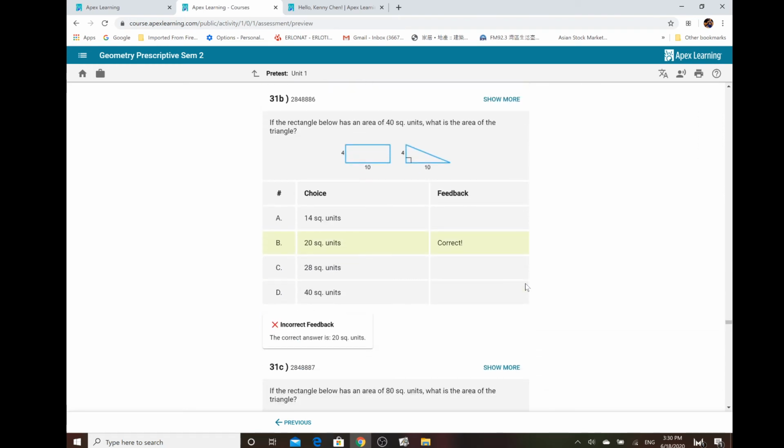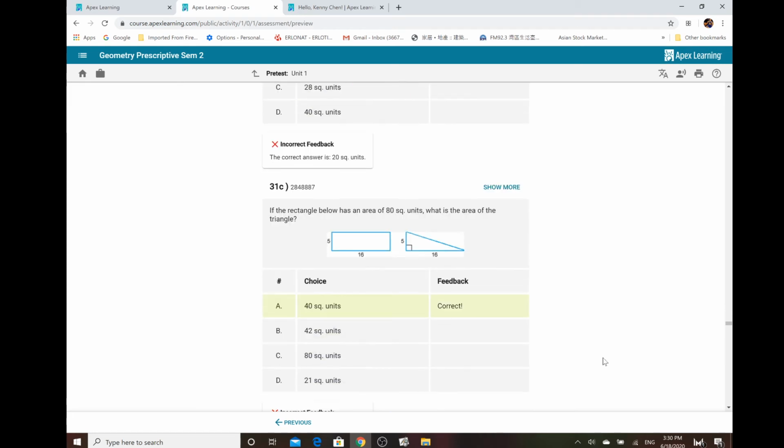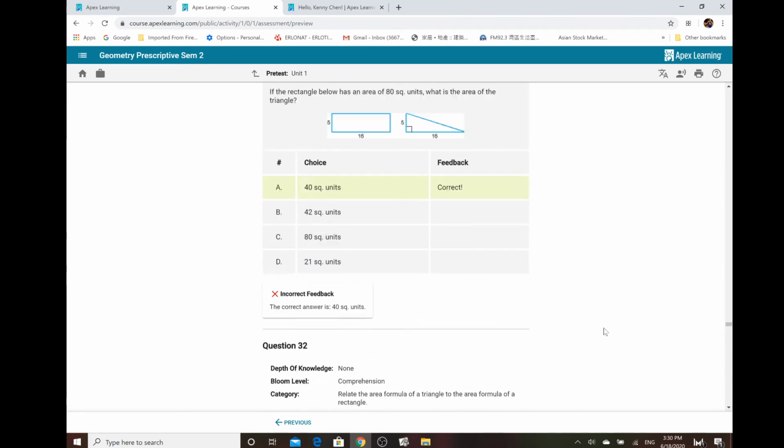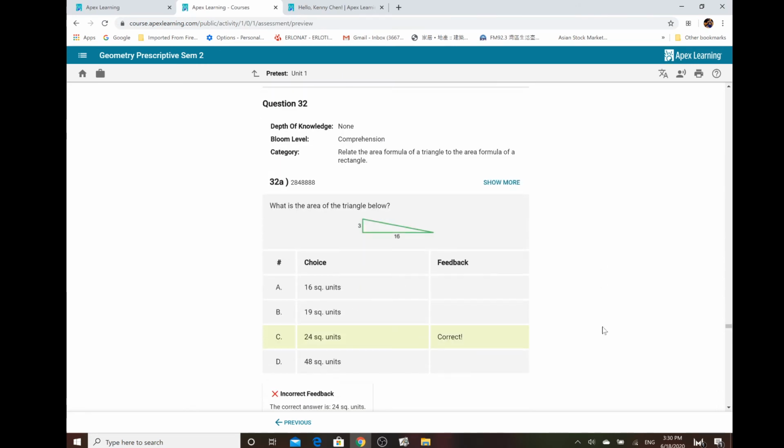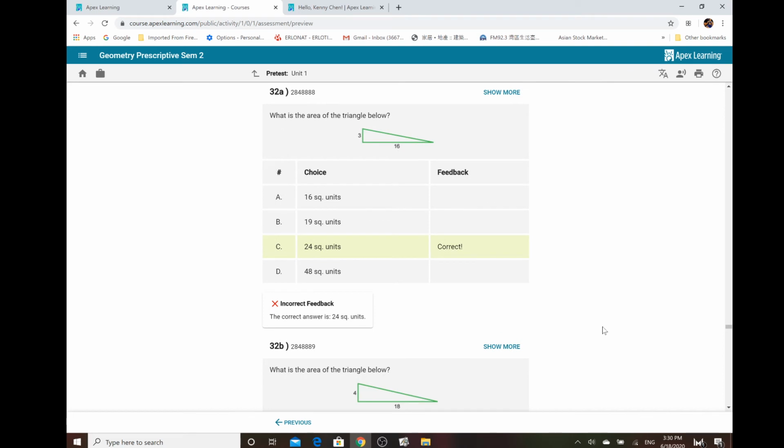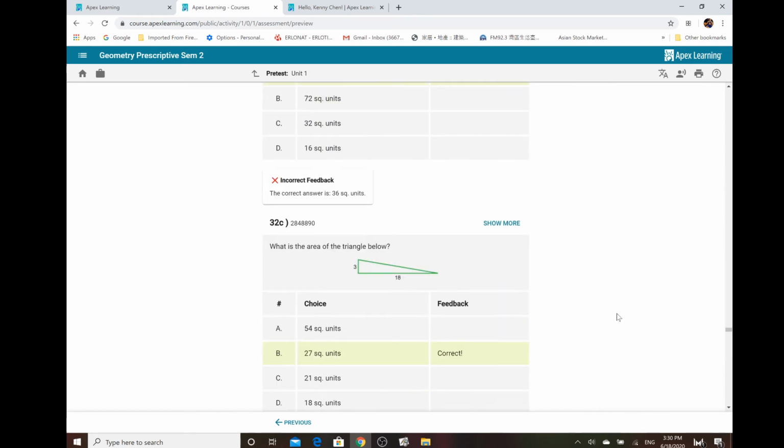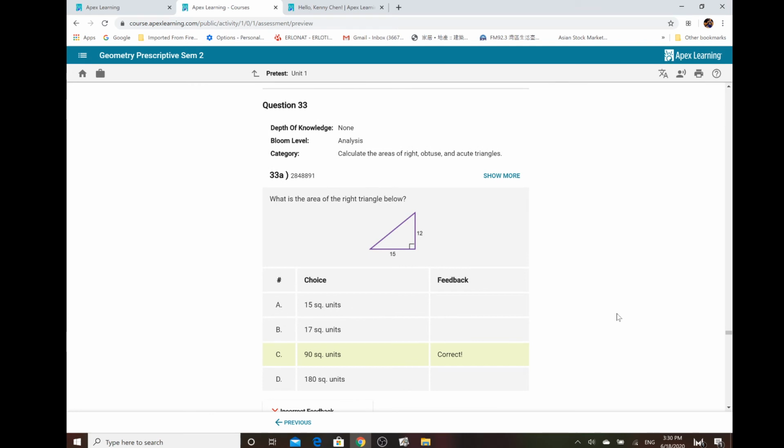And this one, finding the area of the triangle, base times the height divided by 2, so we do have 20 square units. The other one's quite similar. Okay, so this one, just finding the area of the figure. So the area of a triangle, we just skip all this.